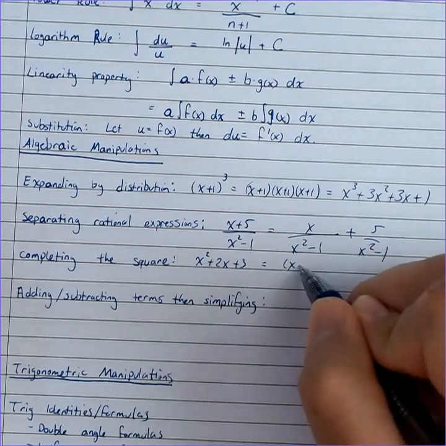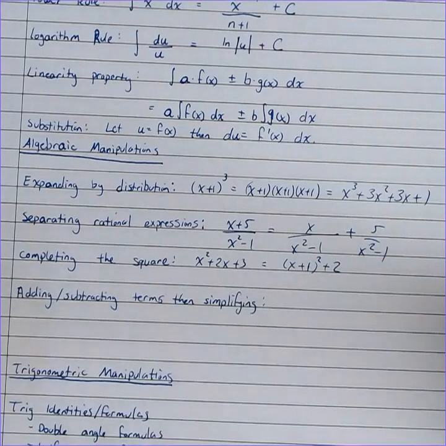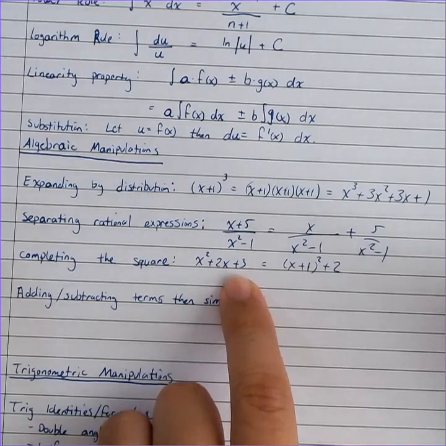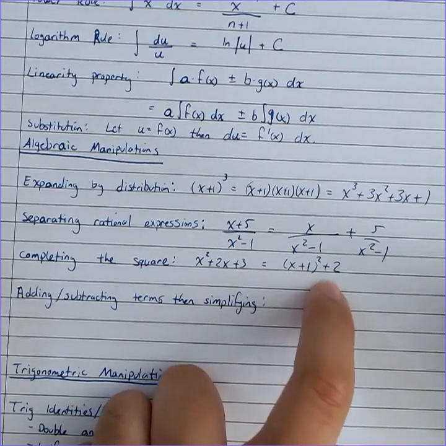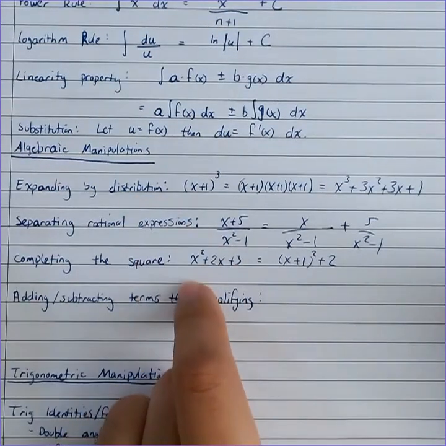Namely, for this problem, you would have x plus 1 squared plus 2. Right? These are equivalent. If you multiply this out and add 2, it'll give you that. But as the sum or difference of squares, you may be able to do things with this one that you couldn't with this one.